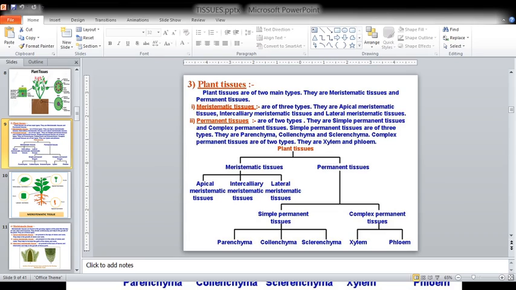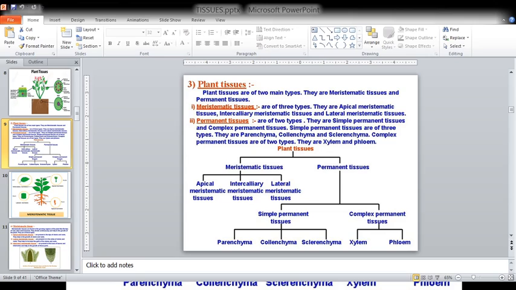Okay? So see, in the plant tissues there are two main types, that are meristematic and permanent. Again, the meristematic tissues are further classified into three types, that are apical, intercalary and lateral.